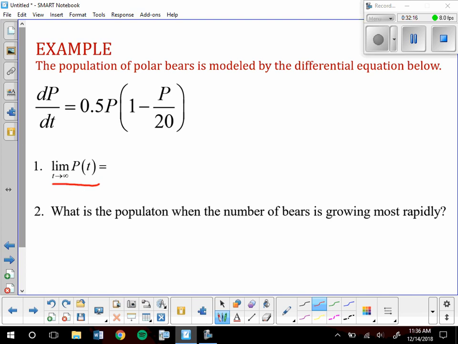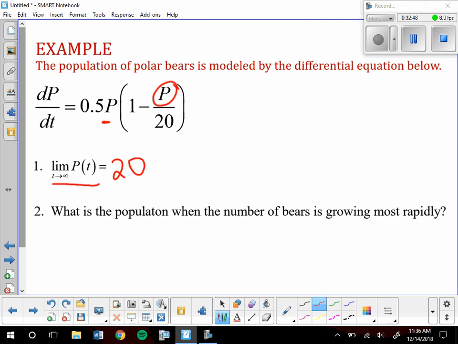The good news is that you don't have to do any math for this. This is just another way of asking, what is your carrying capacity? We know that carrying capacity is when dP/dt equals 0, when we stop growing. And that's going to happen when P is 0 for this piece, and when P is 20. So we can calculate that limit without even solving the differential equation.